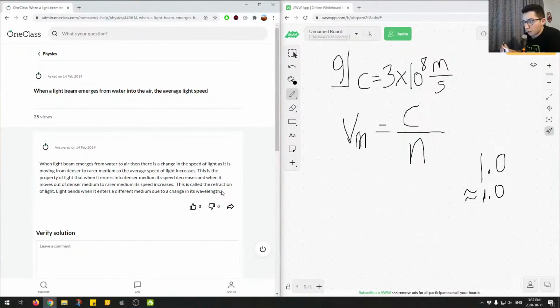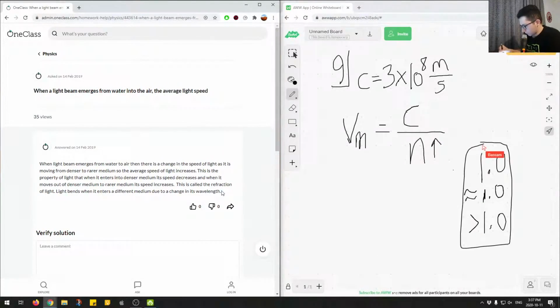For water, it will be much more than it is for air. So for water, it will be much greater than 1. We can look up the exact value, but we don't need to know that for this question. So here we're going from water into the air. If we increase n, which is represented by these values, for vacuum first, then air, and then water, for water the index of refraction is increased.